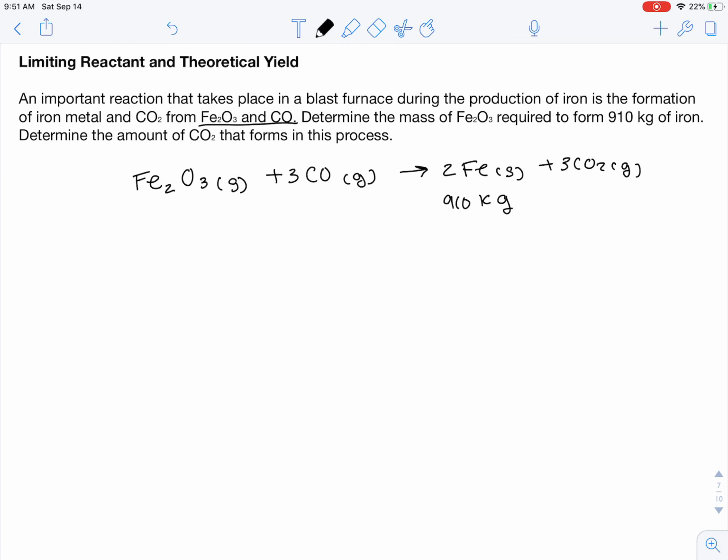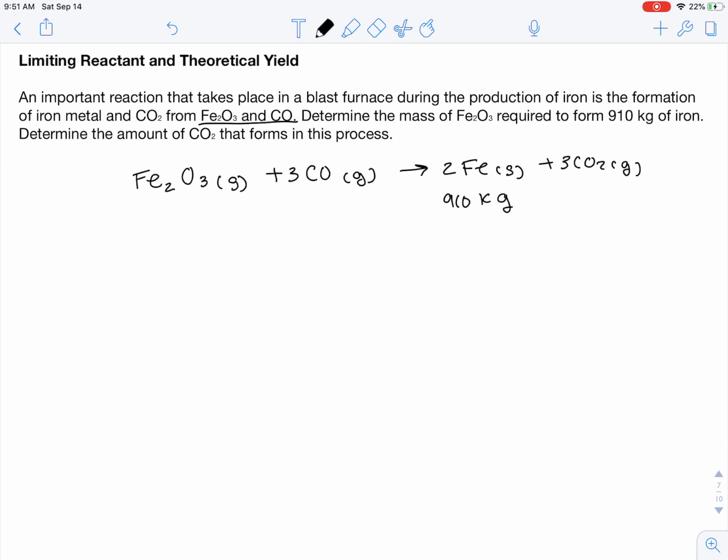So I want to know the grams of this that was used to make 910 kilograms, and then how much mass of this is formed. So in one, I'm working backwards, and then I'm working forwards.